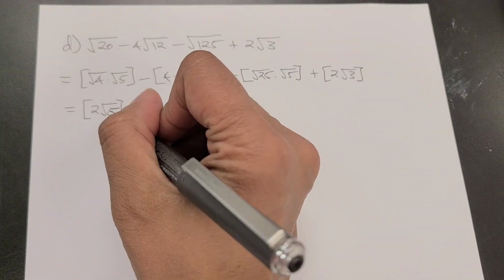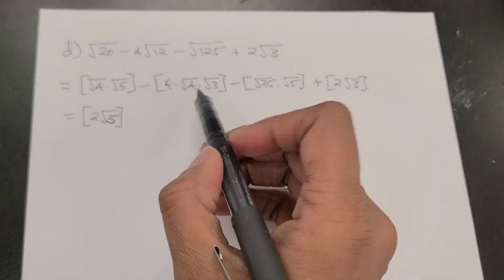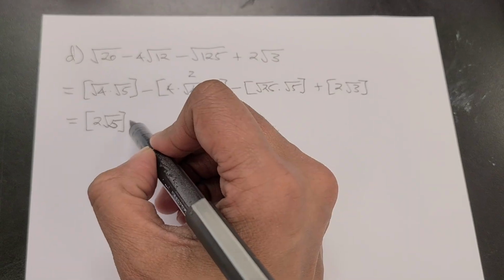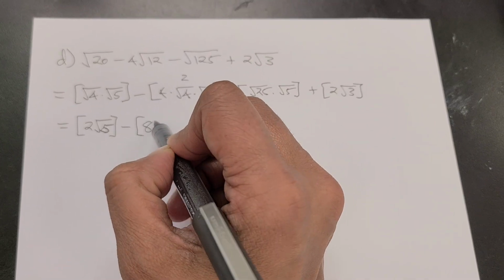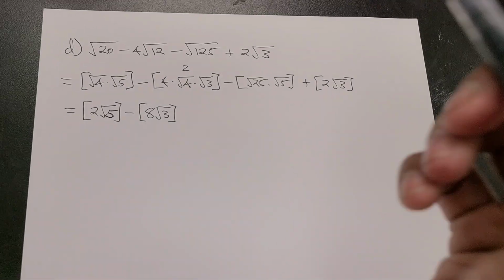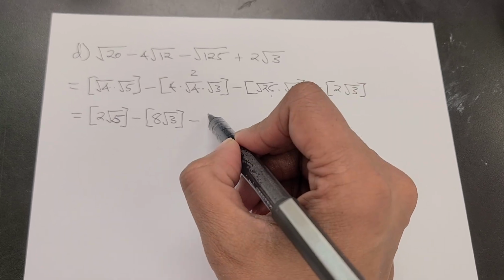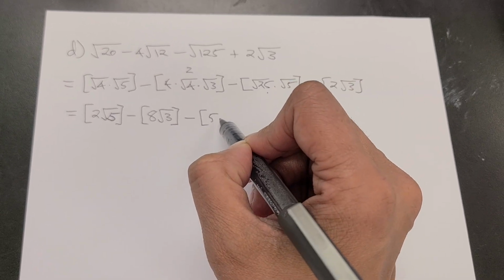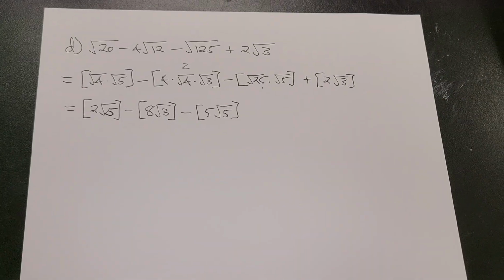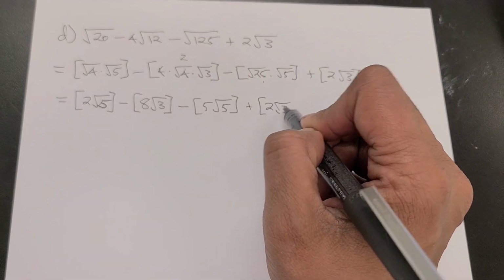Like this. This is the first term. The 4 here, let's just write it on top, becomes 2. So 4 times 2, this is negative 8 root 3, close the bracket. Square root of 25 is 5, so minus 5 root 5. And the last term stays the same, so it's 2 root 3.